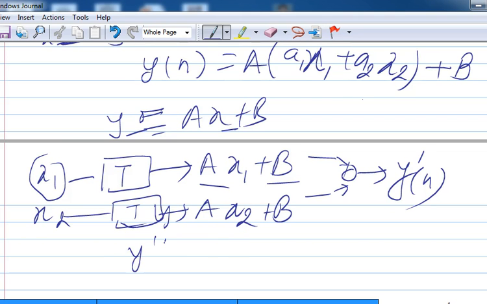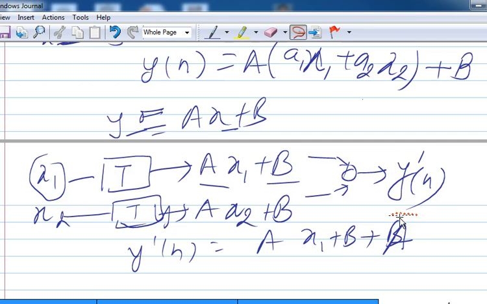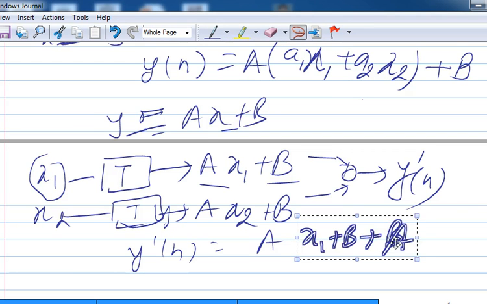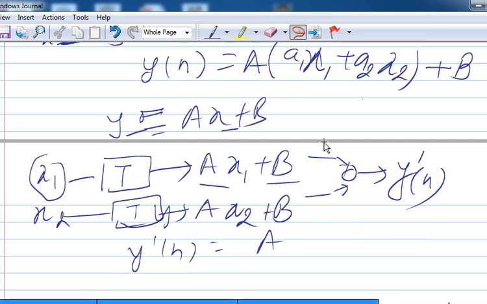So y'(n) will become a x1 plus b plus a x2 plus b.